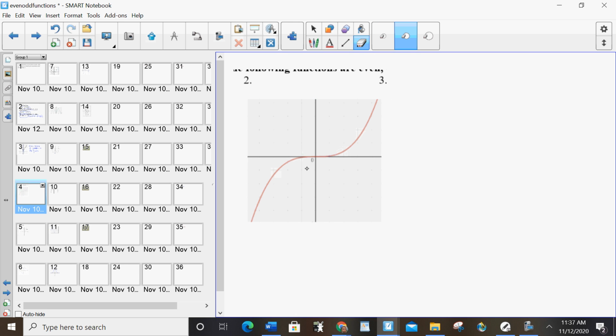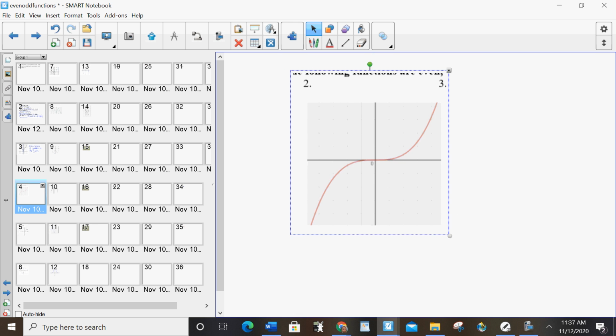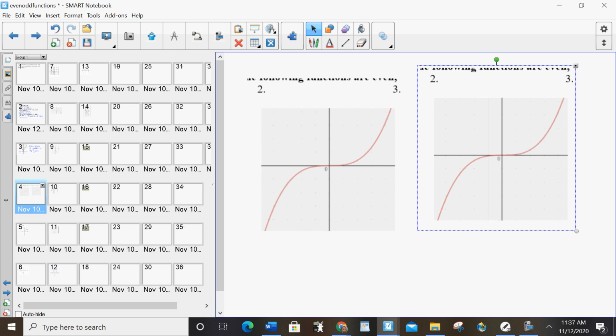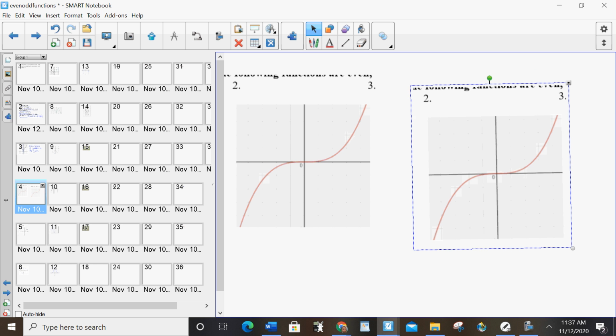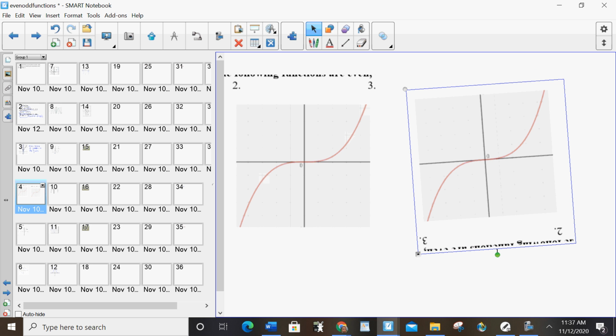Is it symmetric to the origin? So basically what that means is if I take a point and I count to the origin and I do the same thing on the other side, will it land on itself? Yes. Now, that's a little tricky. The easier way to do it is a rotation of 180. So if I take this thing and I turn it upside down, do I get the exact same thing that I started with?